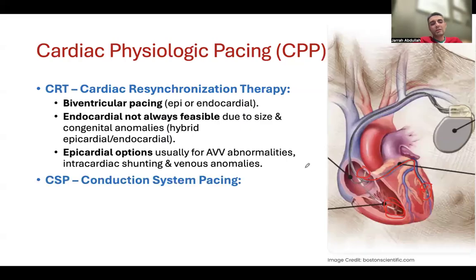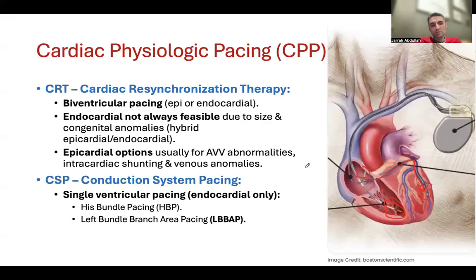So what about conduction system pacing, which is more recently applied to our patients? This is when you use a single ventricular lead, endocardially only, and with this lead you are engaging the His-Purkinje system. Either you're directly pacing the His bundle, or more recently, you're pacing the left bundle of the conduction system.